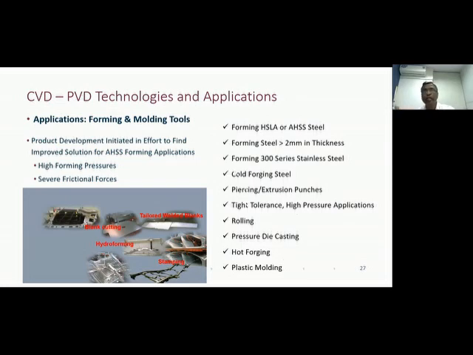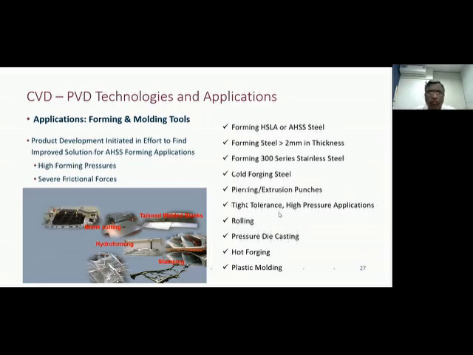In forming and molding nowadays, with the shift from Euro 4 to Euro 6, that is Bharat 4 to Bharat 6, we have advanced materials like high strength low alloy or advanced high strength steels. These forming steels have a thickness of more than 2 mm, and 7 mm, 8 mm sheet thickness is also being used for some components, as well as different forming and molding applications like cold forging, piercing, extrusion, tight tolerance, high pressure applications, rolling, pressure die casting, hot forging, plastic molding.